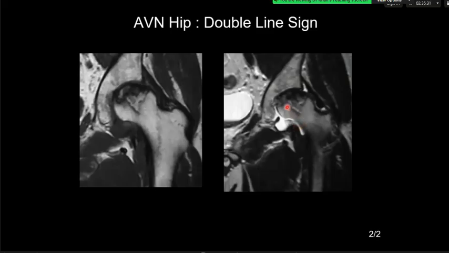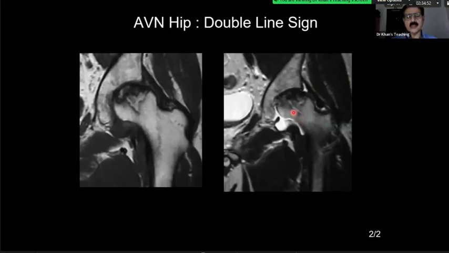Okay, so what is this high intensity line? This is sclerotic changes due to the detachment between the two parts of the bone, and the hyperintense signal in between these two lines is the edema of the separation between the dead bone, the sequestrum, and the survived bone.